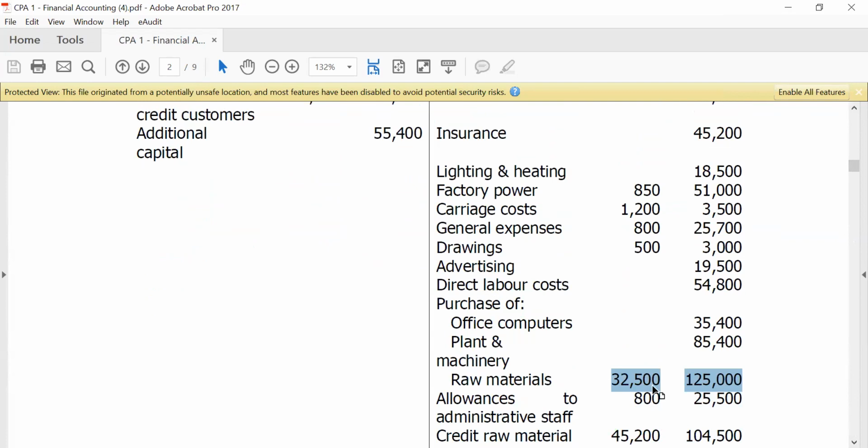So you cannot only take these purchases and call them the purchases of raw materials alone. Rather, you're supposed to determine the so-called credit purchases of raw materials and add the figures together to get your purchases figure.